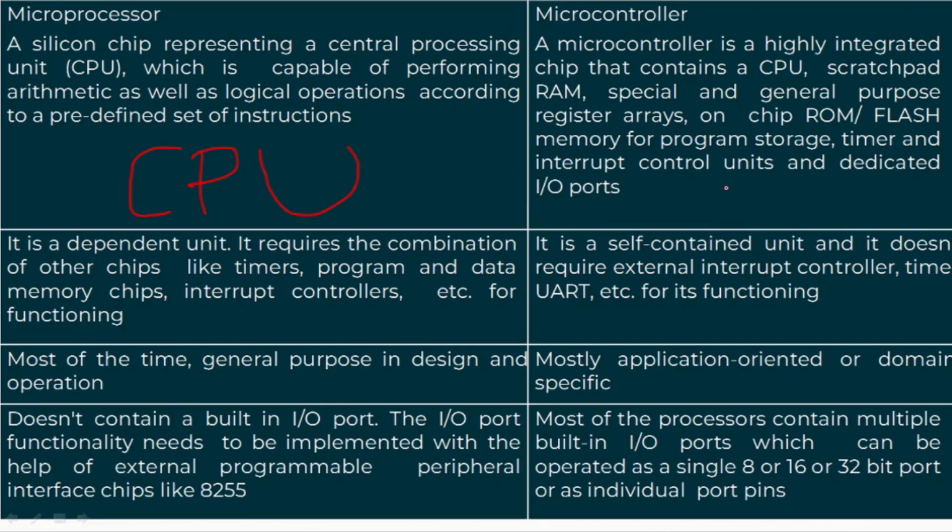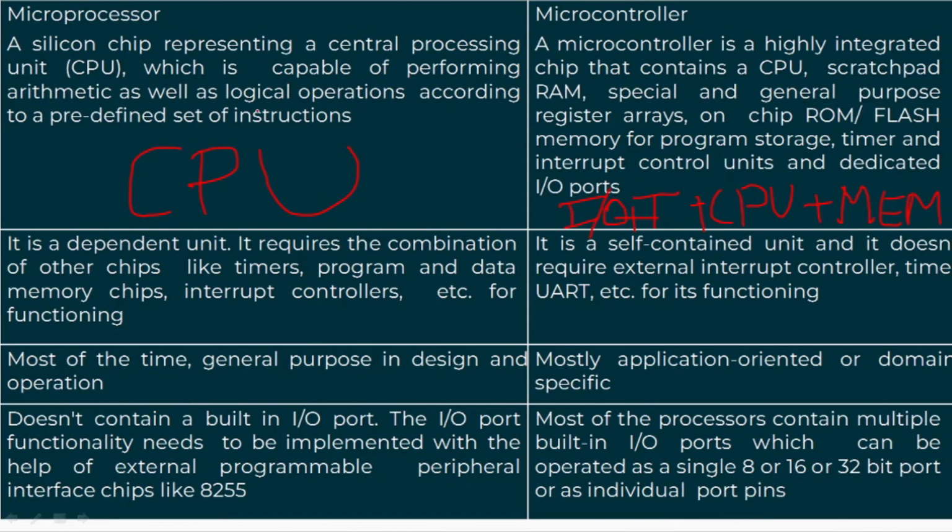So here, along with the CPU, that is the central processing unit, you have some sort of memory. Along with memory, you also have other units like timers, I/O ports and other essential components to perform any task.